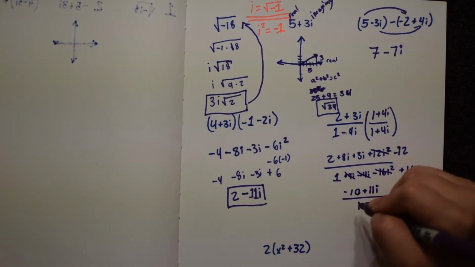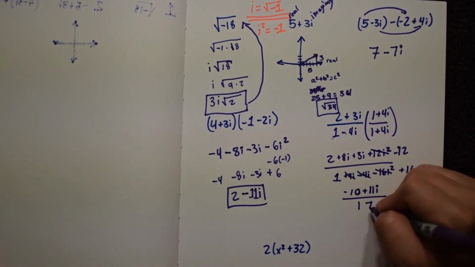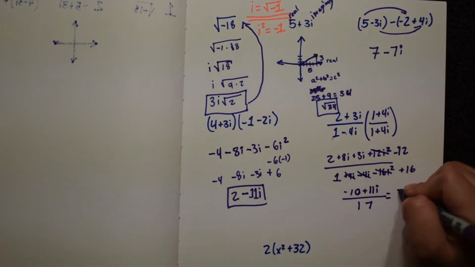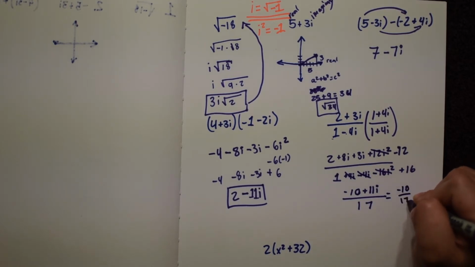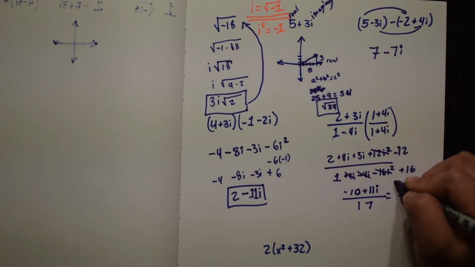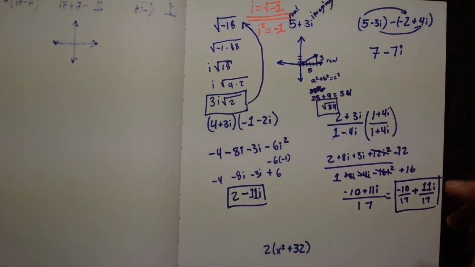Now we can actually go ahead and leave it like this, or we can separate it into fractions. Negative 10 over 17 plus 11i over 17. And this will be your answer.